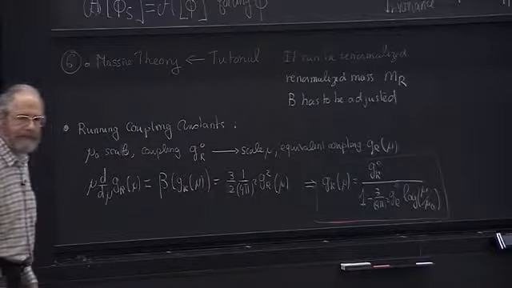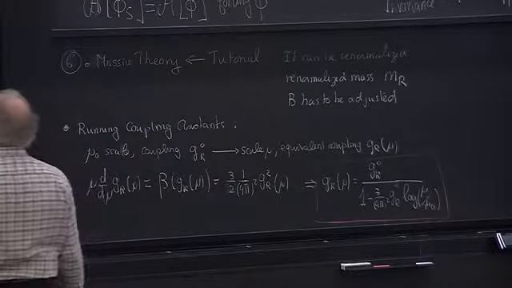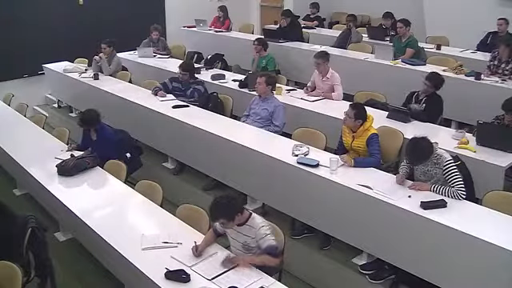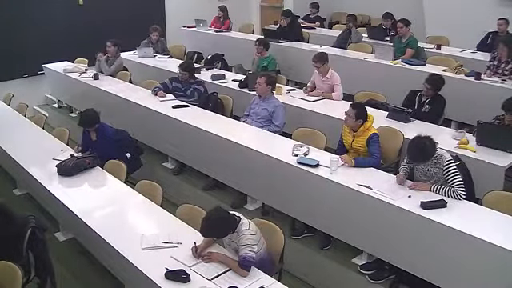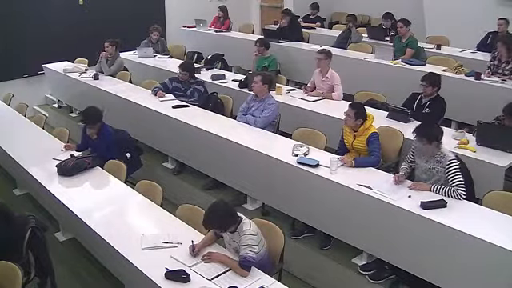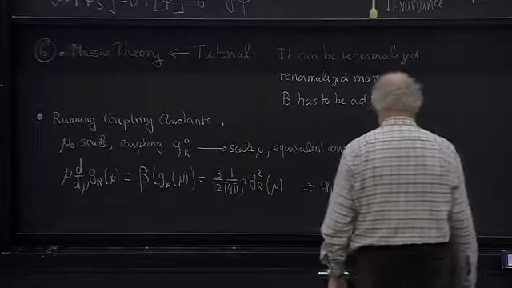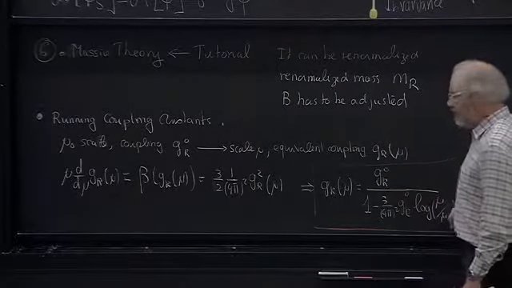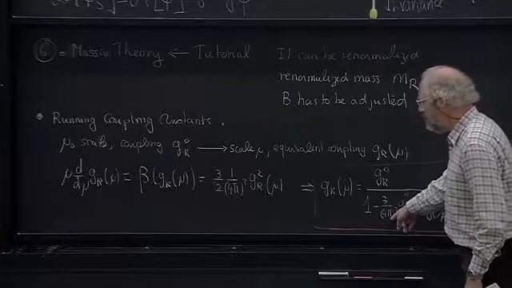But equivalently, we can study the g_R of s that I have defined here. Let's look at this equation. There is a 1 minus a log of mu because the coefficient of the beta function is positive.